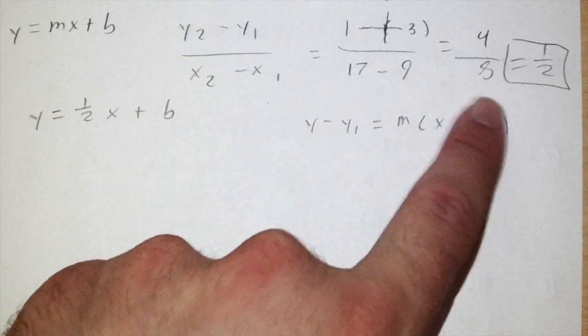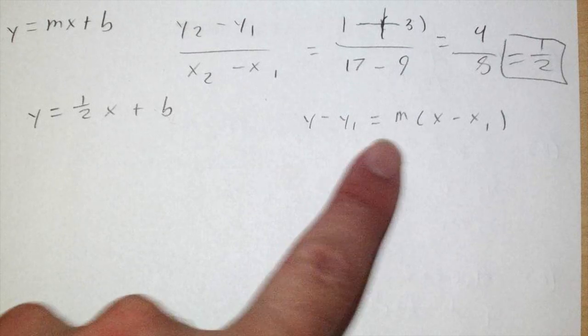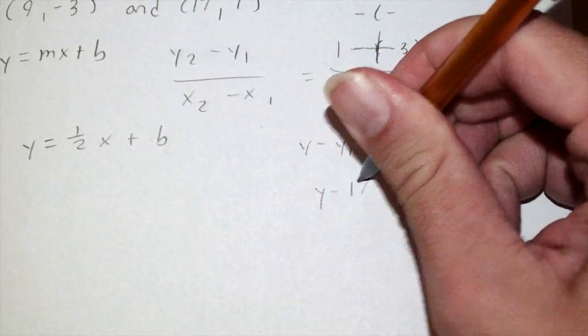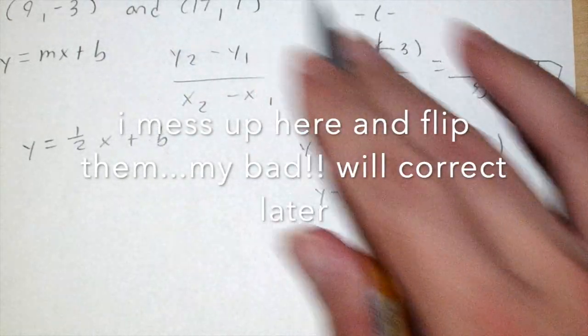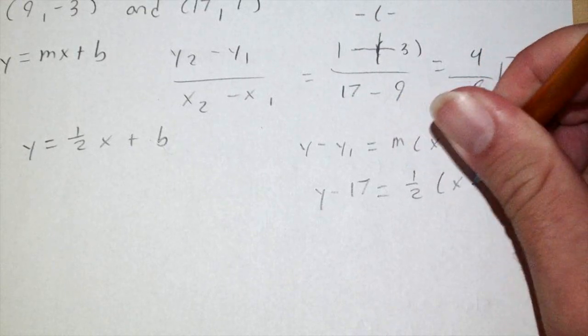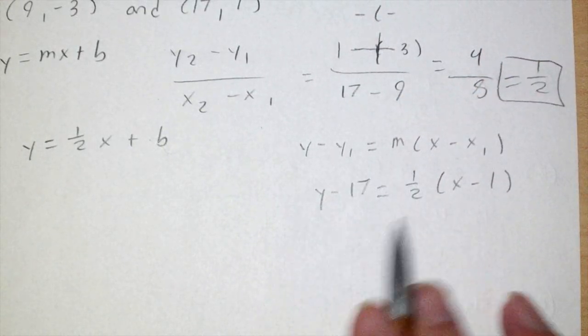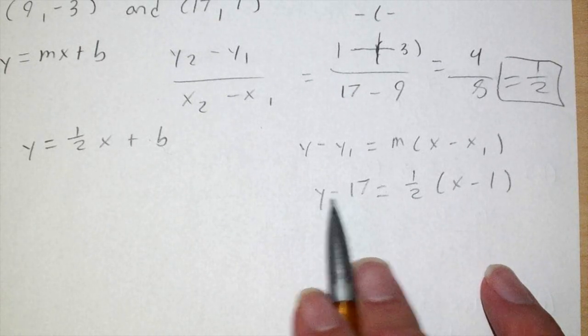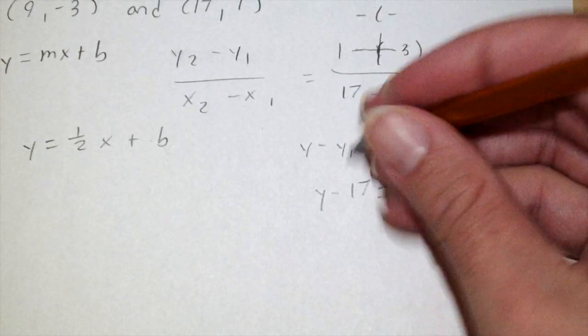And once we find the slope, there's 2 ways we can go about it, but one way is just use the point slope form. So y was 17 and x was 1. And then all we would have to do is undistribute and add this over, and it's going to give us the equation.